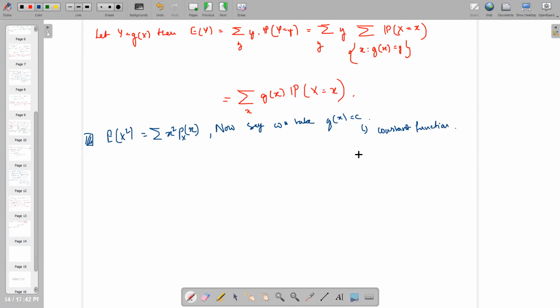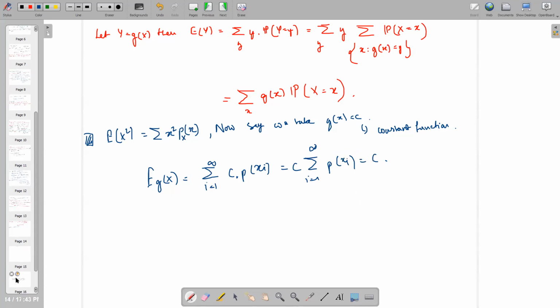So we see that the expectation of a constant is this constant, right? So you can see that if we take this, this will give me the summation, I hope.